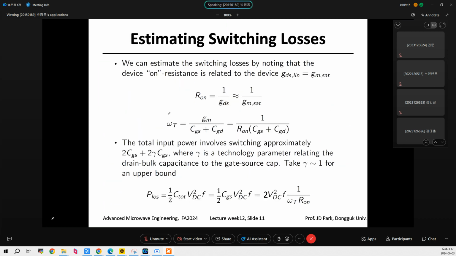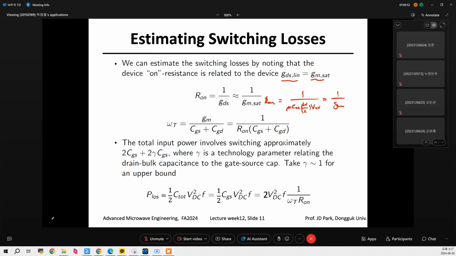Okay. So now let's estimate the switching loss. We can estimate the switching loss by noticing that the on resistor is directly related to GM. This line is actually R on, which is 1 over GM.